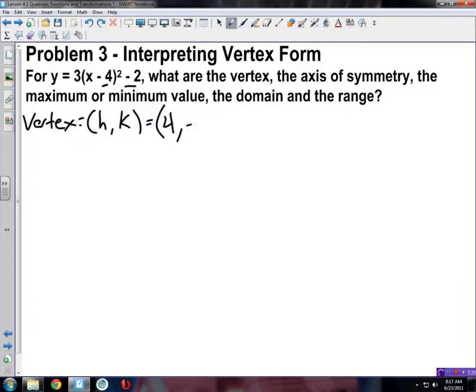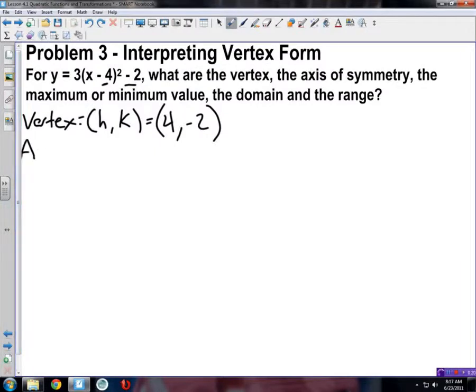Our vertex is at 4, -2. The axis of symmetry is going to be the h value, and it's going to be written as x equals h, and in this case it was 4. And these numbers here and here will always be the same.